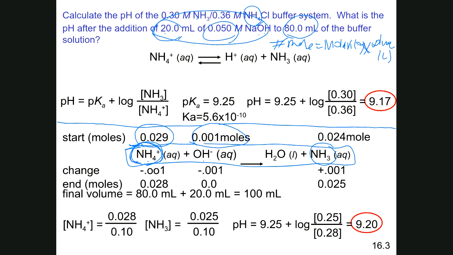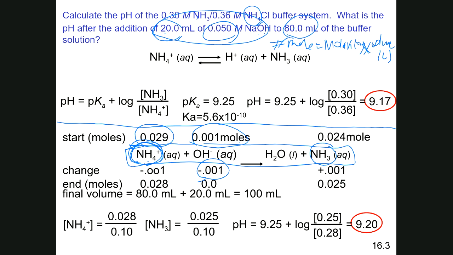So the 0.001 mole of sodium hydroxide that is added is going to be consumed entirely, because it's a strong base and it's going to react with the acid completely until it's finished. It reacts with the same number of moles of the acid.